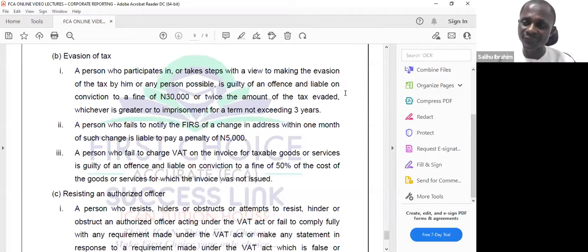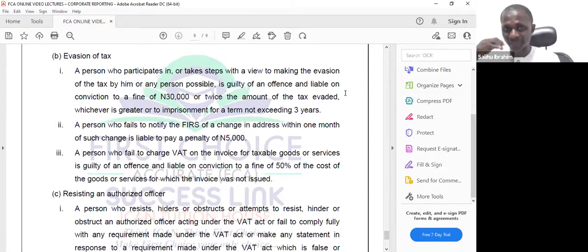Now, if you fail to remit VAT, for the first month of failure, you are liable to payment of 50,000 naira and 5,000 naira subsequently for each of the months that the failure to remit persists. That is a new law with respect to non-remittance of VAT.